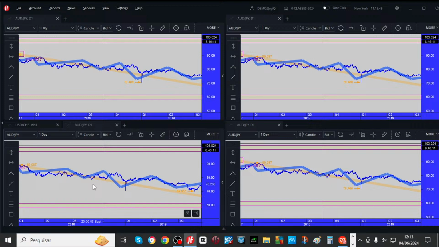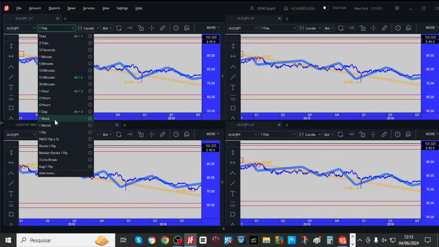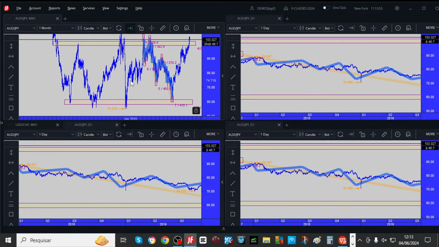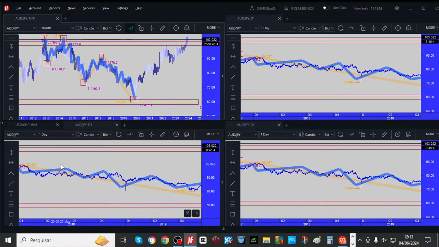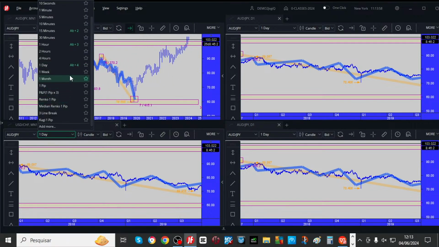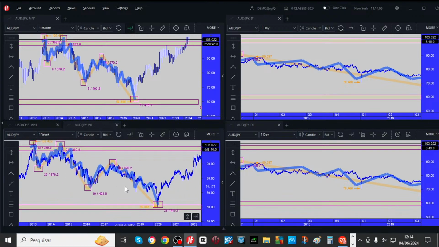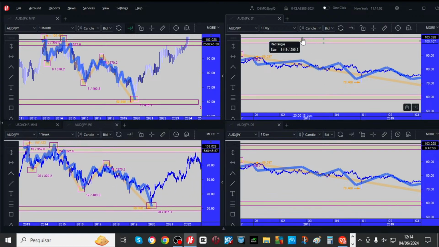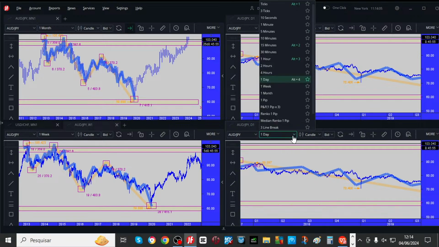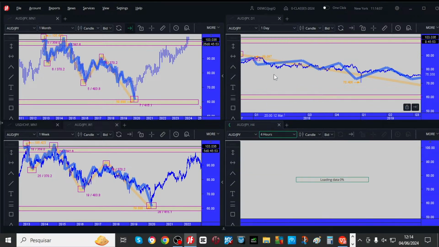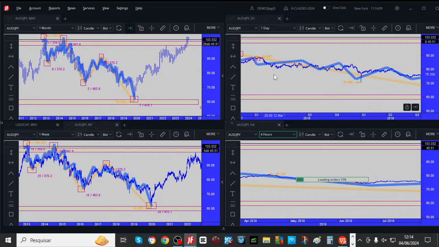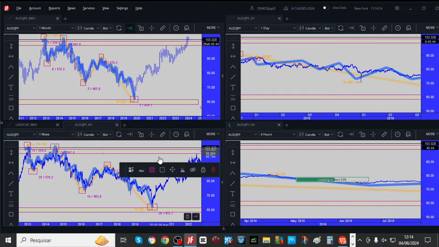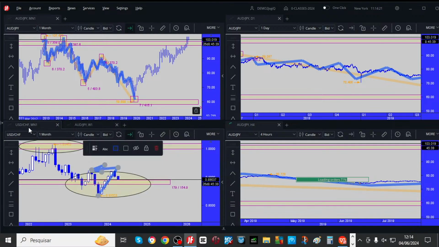You must have the monthly chart to analyze the monthly things, the weekly chart to analyze the weekly things, and of course the daily chart, and then whatever time frame you trade, the 1 hour, 2 hour, or 4 hour chart. Okay everybody? And the same applies of course to USD CHF.